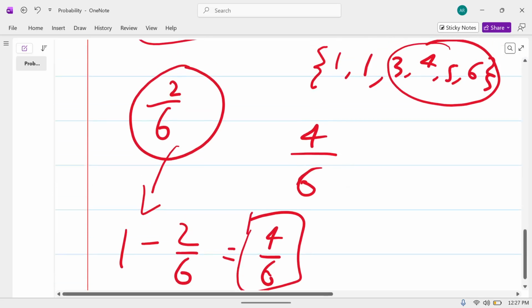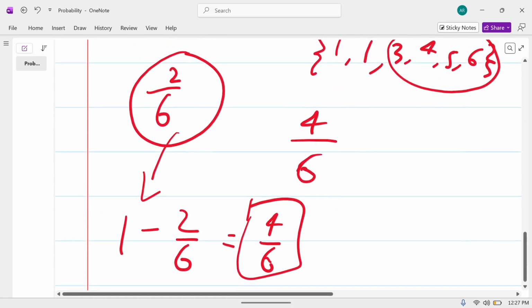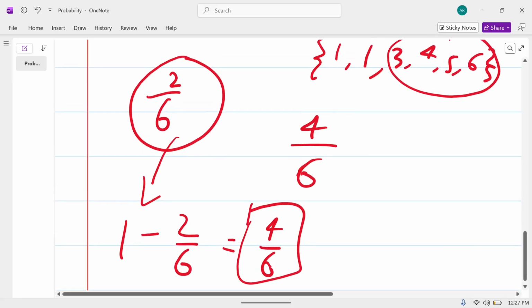So if you're short on time in the exam, and you don't have quite a lot of time left with the clock ticking away, in that case, you don't have to manually calculate the complement of an event.